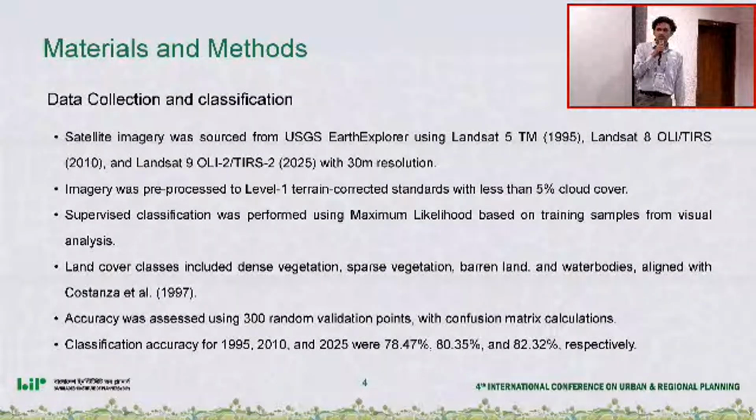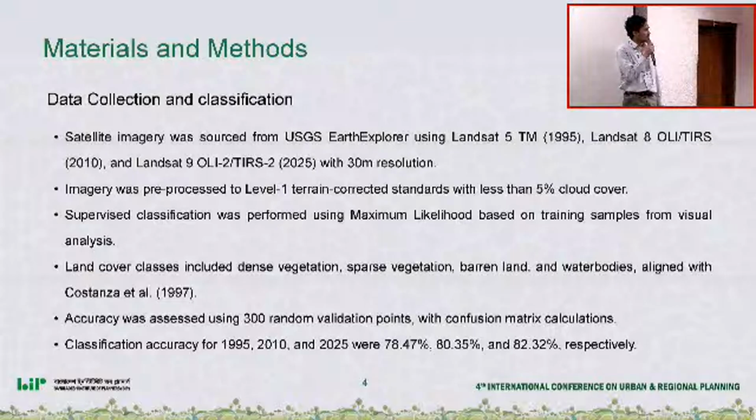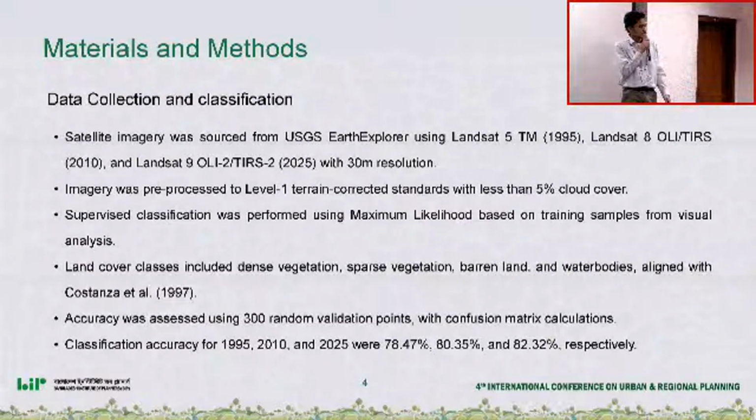We use data from Landsat 5 for 1995 and 2010, and Landsat 9 for 2025. The imagery was preprocessed to level 1 terrain corrected standards with less than 5% cloud cover. The supervised classification was performed using maximum likelihood method.